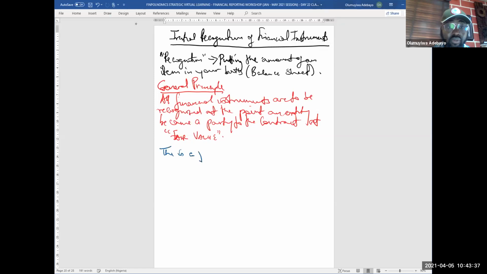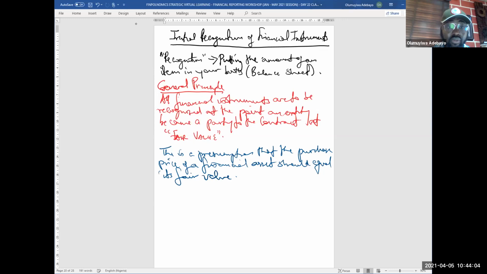There is a presumption that the purchase price of a financial asset should equal its fair value.